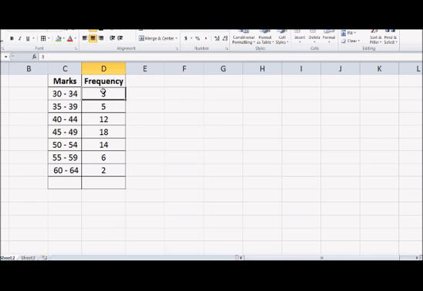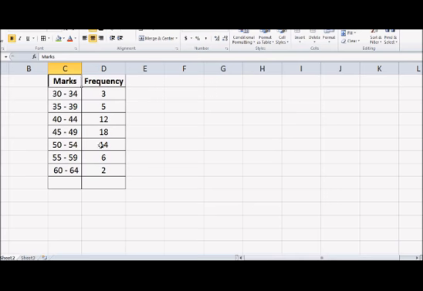In this case, the data gradually increases from a smaller number, 3, 5 goes to 12, finally to 18, and in the same way it again slides down to 14, 6 and 2. So we see that the data is very much regular, and you were lucky that you got a question which is regular. You don't need to draw the grouped table.